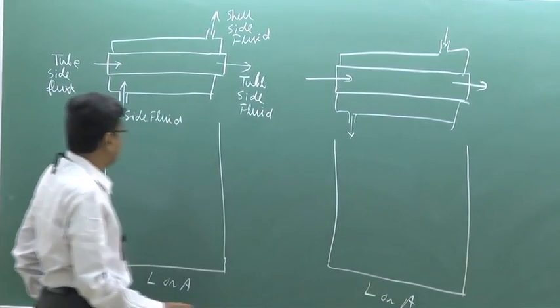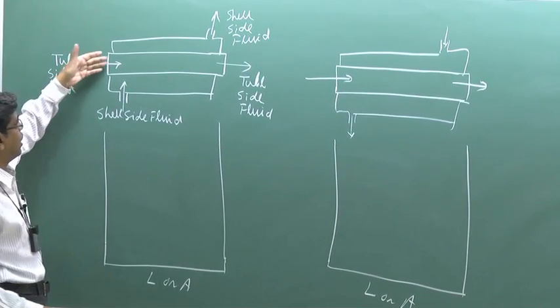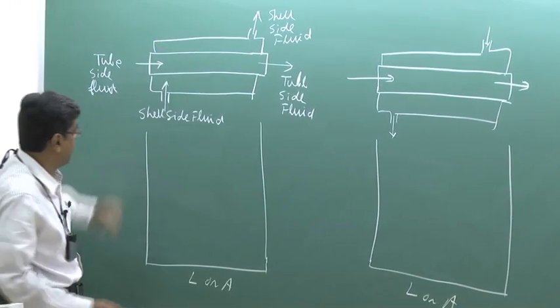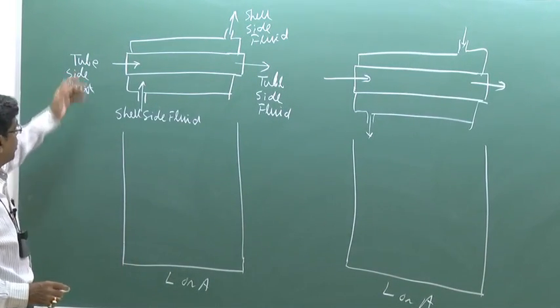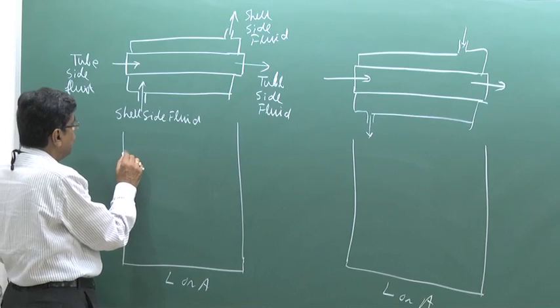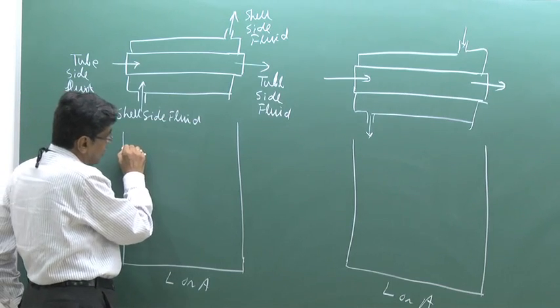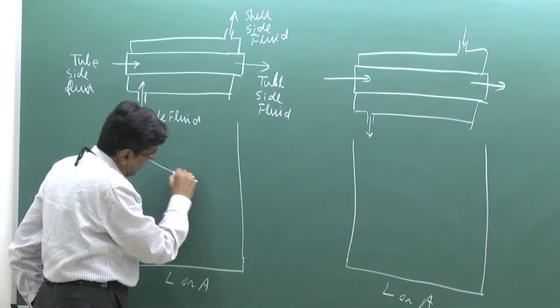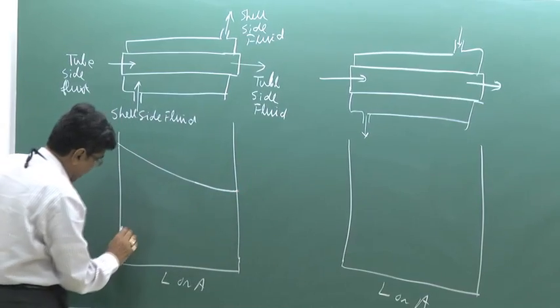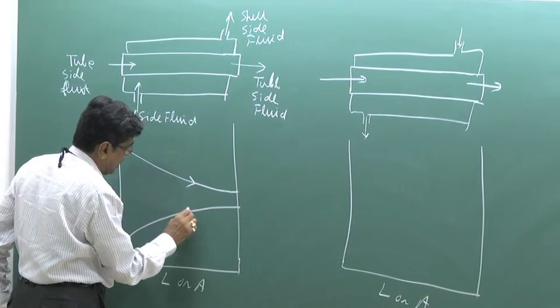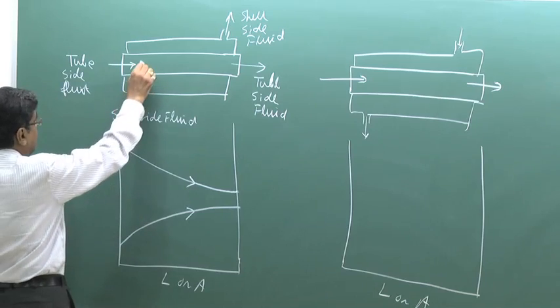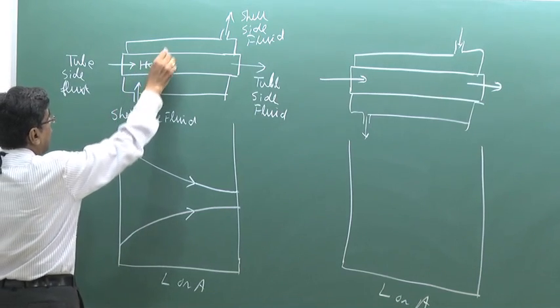Here what happens, the hot fluid has a decrease in temperature and the cold fluid increases the temperature in the same direction. Let us consider this is the hot and cold.